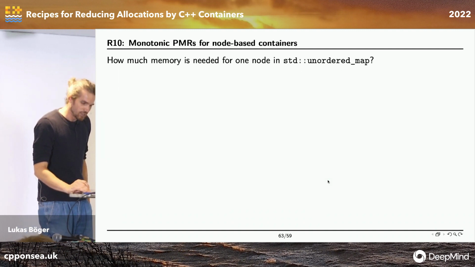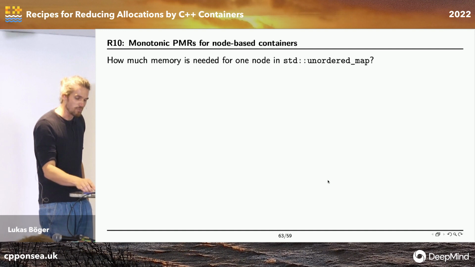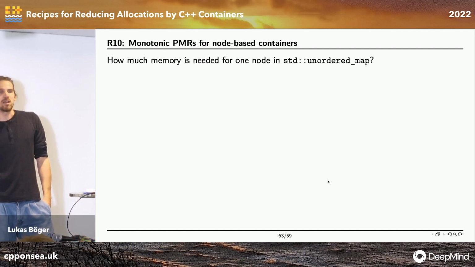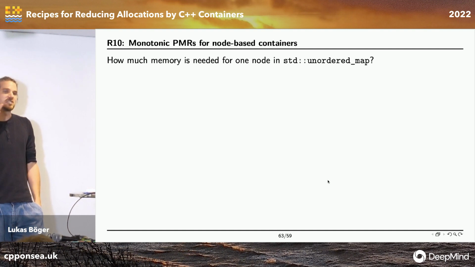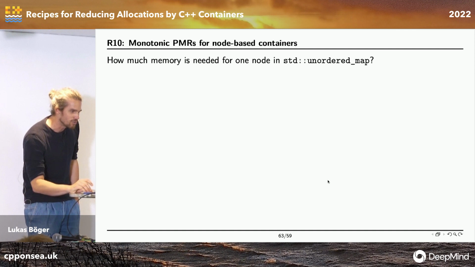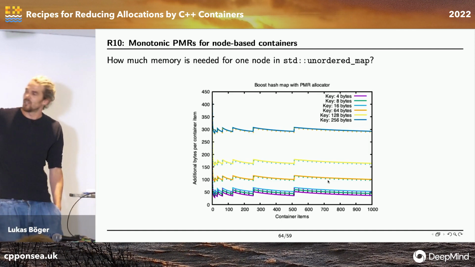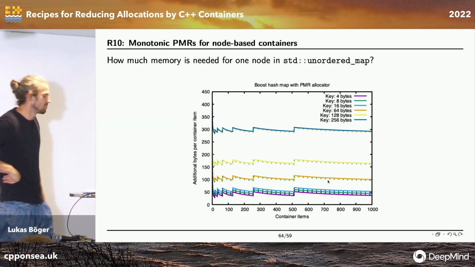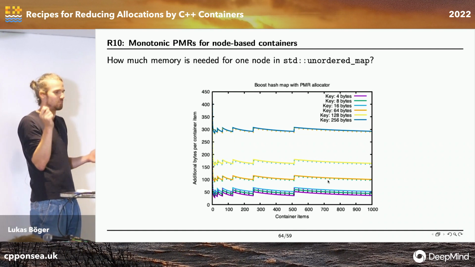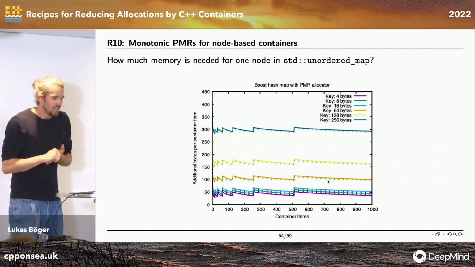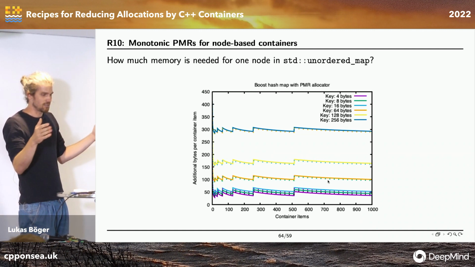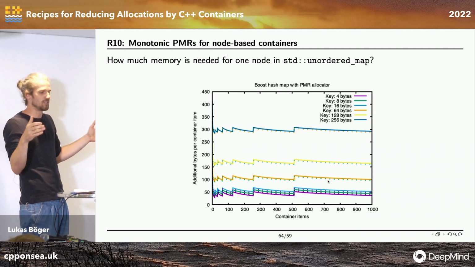But first, we need to know how much memory we actually need, right? Because std unordered map needs more than just the key value pair. To get some idea about it, I measured this using another PMR resource that would just print what it allocates. On the x-axis, it's just an increasing number of items in the container.